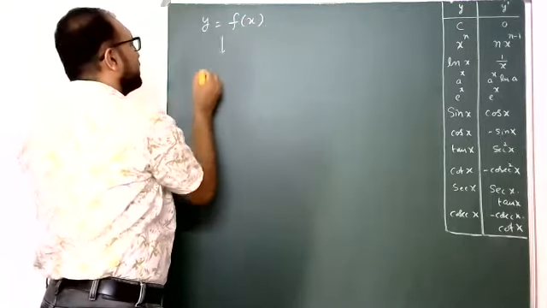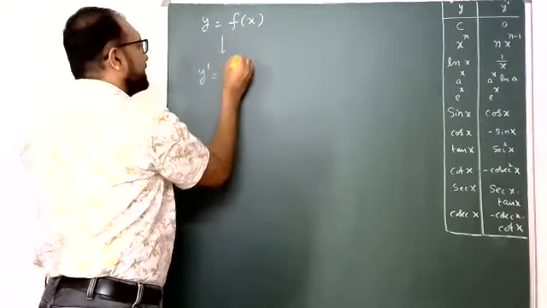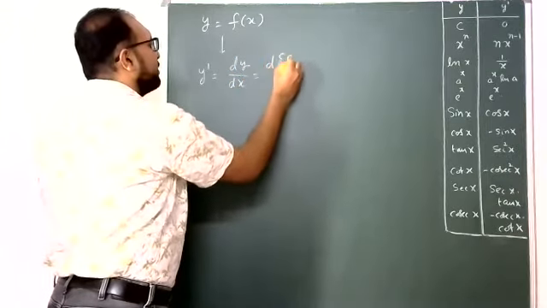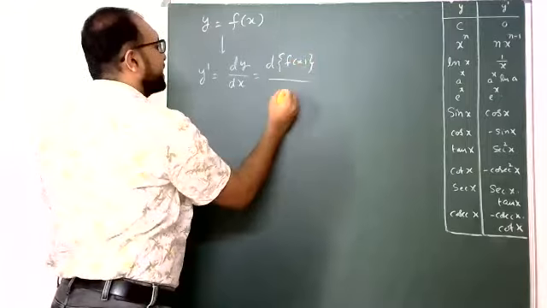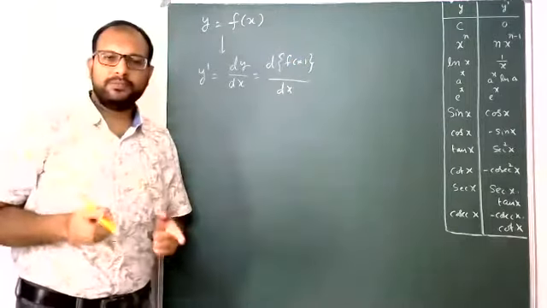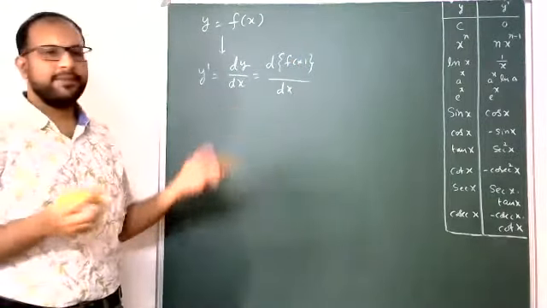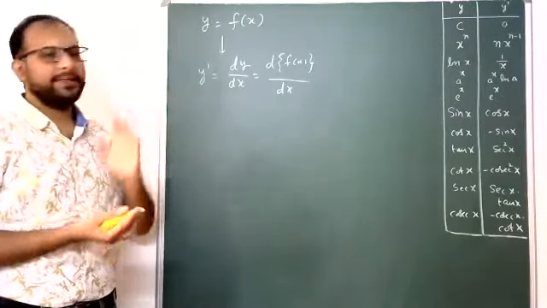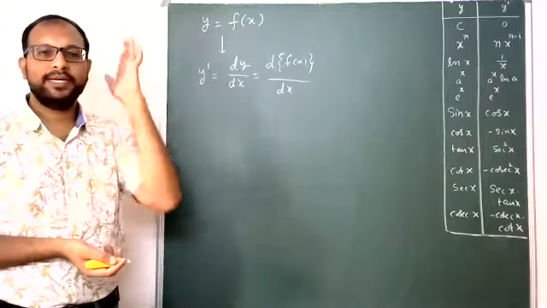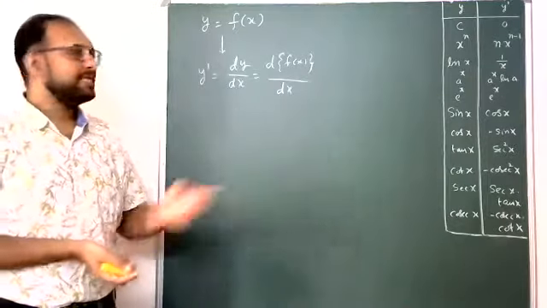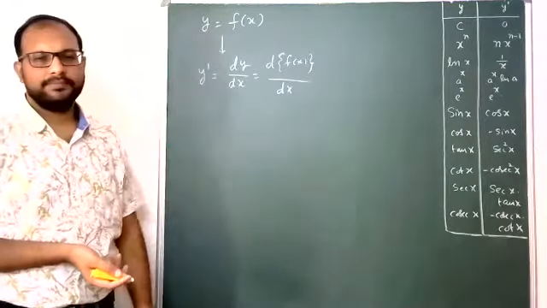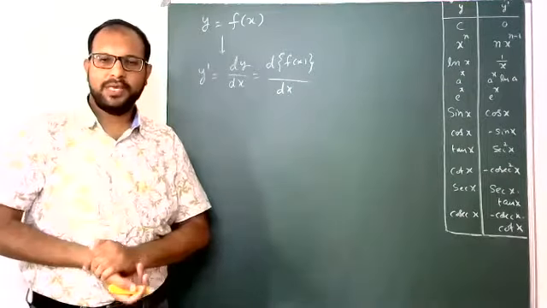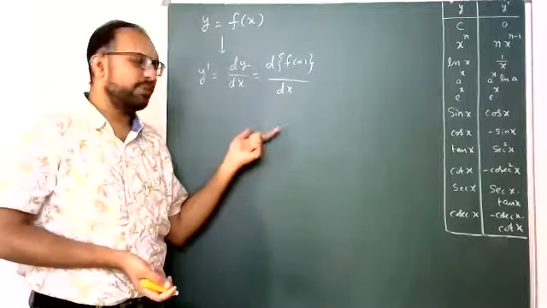Y prime, that is dy by dx, is the derivative of f of x with respect to x. Up to now, whatever the differentiation, only one time is complete. The first derivative representation is y prime. Y prime means one time differentiation is over. This is the first derivative symbol. Suppose the first derivative of sin x is cos x. So first, one differentiation is over, one time.